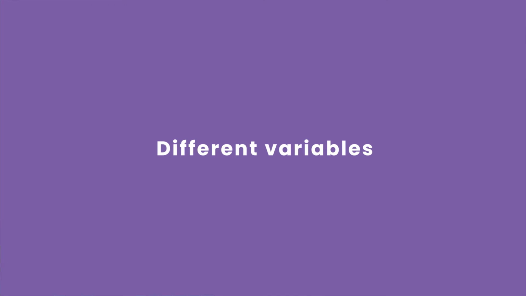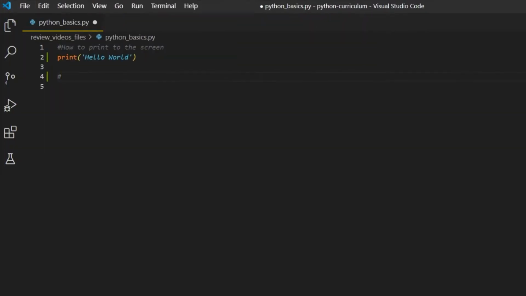Let's go over the different types of variables. So there are strings, which are basically words. There are integers, which are whole numbers. So whole numbers only.